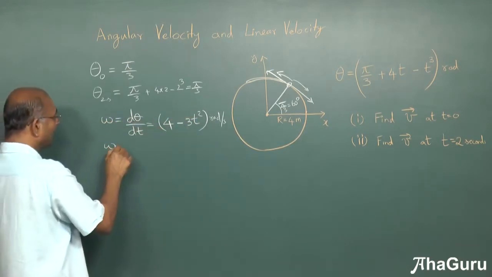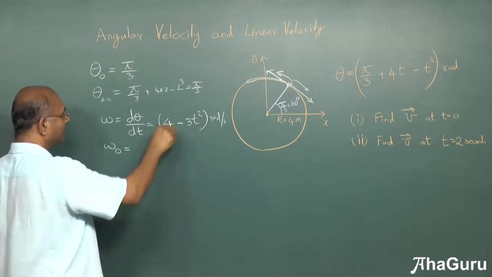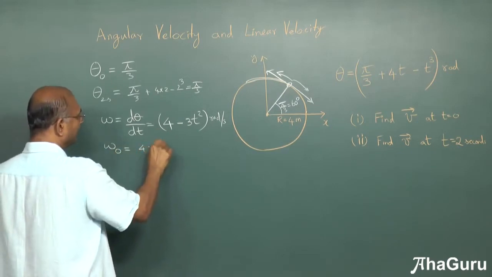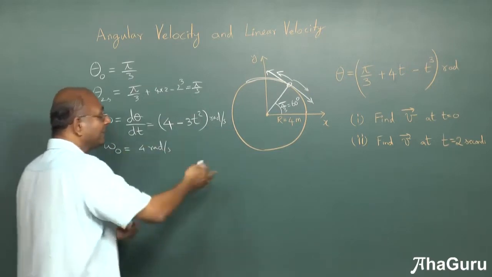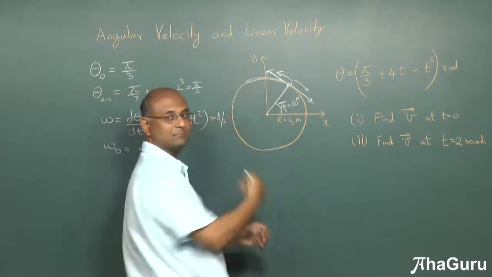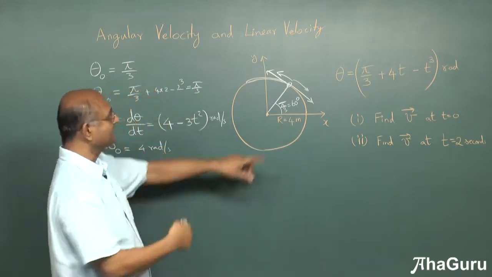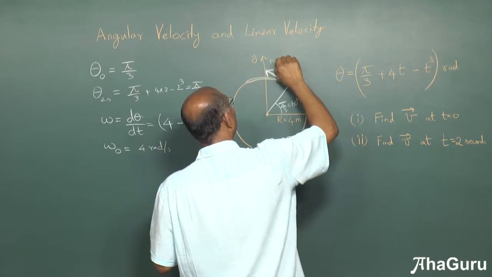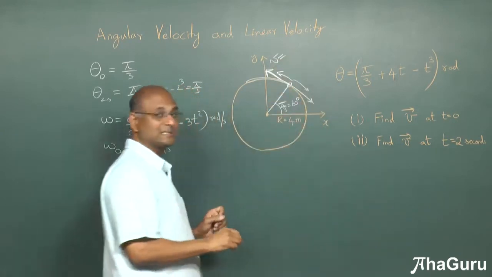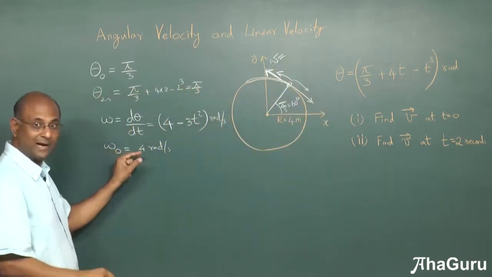What is the angular velocity at time t equals 0? That is 4 radians per second. Notice it is positive, so that means it is going in this direction. Since it's going in this direction, you expect the velocity to be pointing like that. How much is the speed? Speed must be r omega.